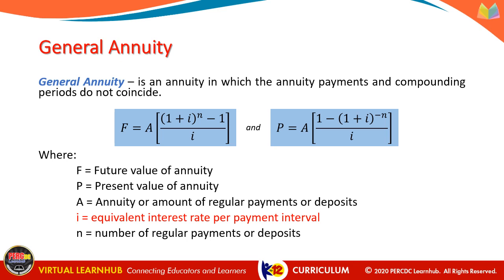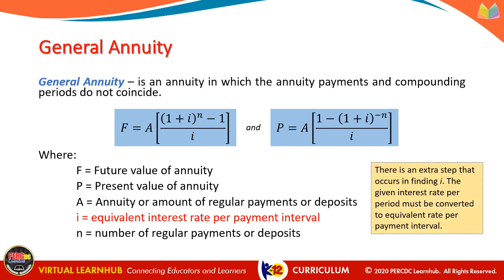That is, if the payment is done annually, but the interest rate given is compounded quarterly, we still need first to compute for the equivalent interest rate per year because the payment is done annually. n is still the number of regular payments or deposits.